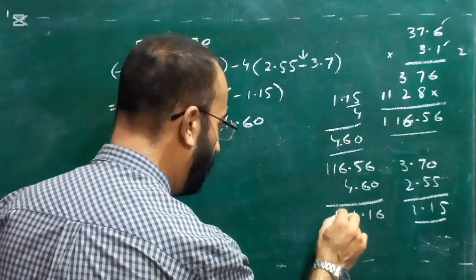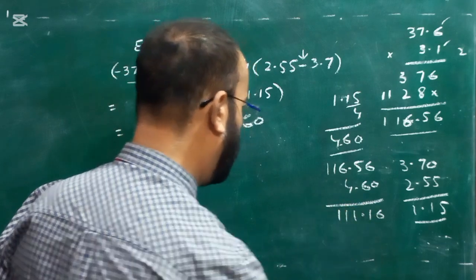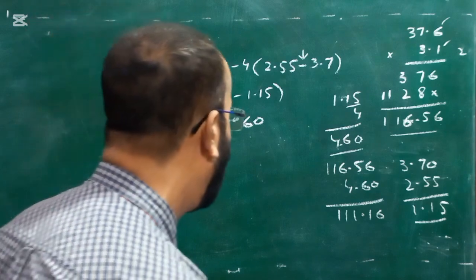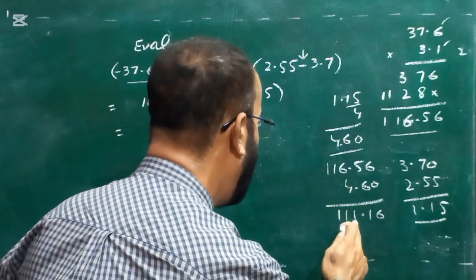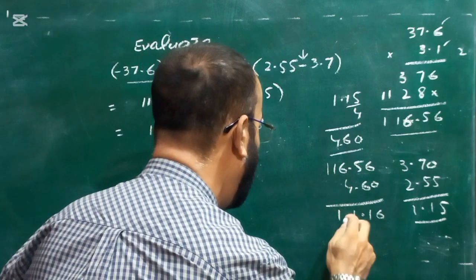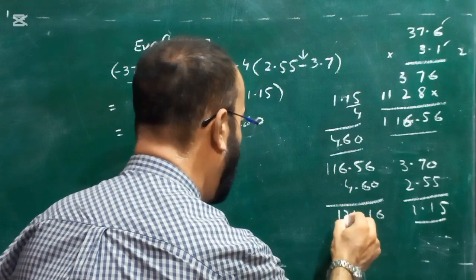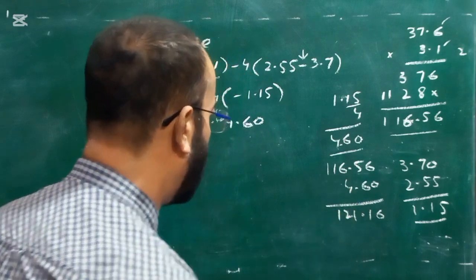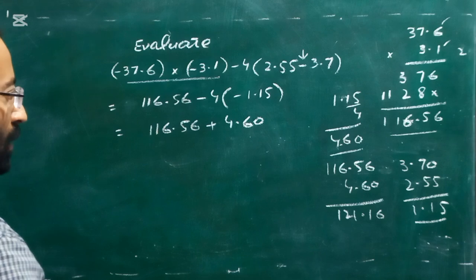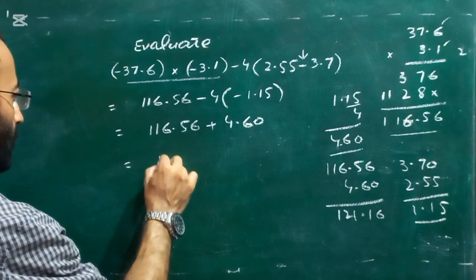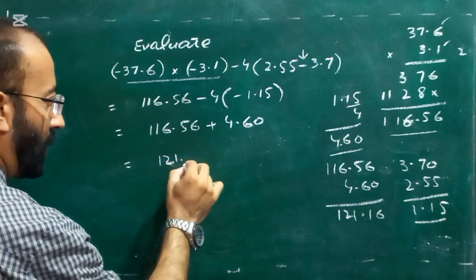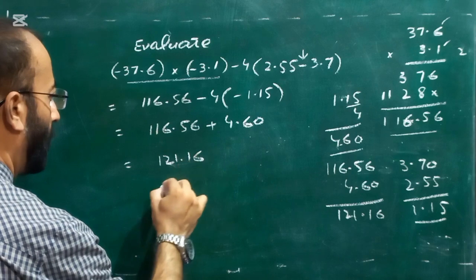And this 1, 1 will remain as it is. 6 plus 4, 10, 1. Here will be 2. And this 1 will remain as it is. Okay, 121.16 is the answer.